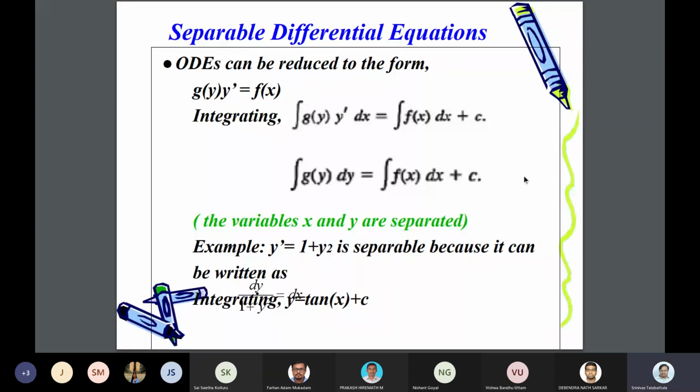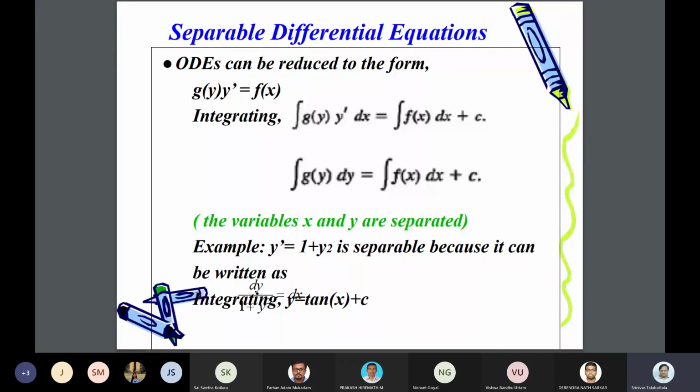Here y dash equals 1 plus y square is what is given, so you can find it. Of course, I just cut and paste sometimes, so the notation may not represent very well. You can get different sorts of solutions. You can also find out the equations corresponding to these solutions. That is an inverse operation, as in integration and differentiation, you always do that.